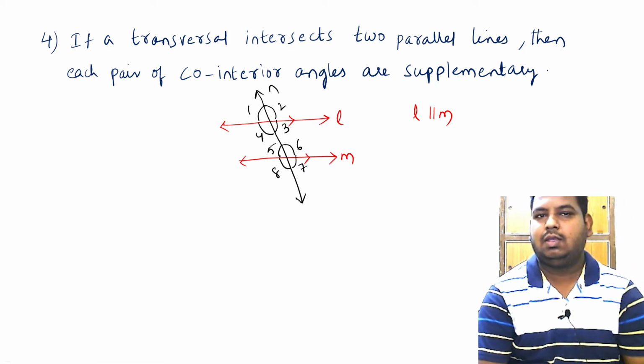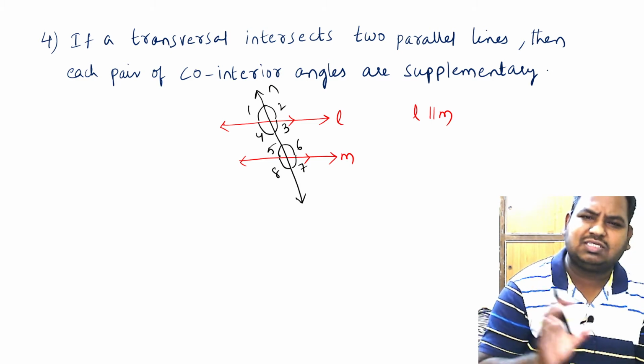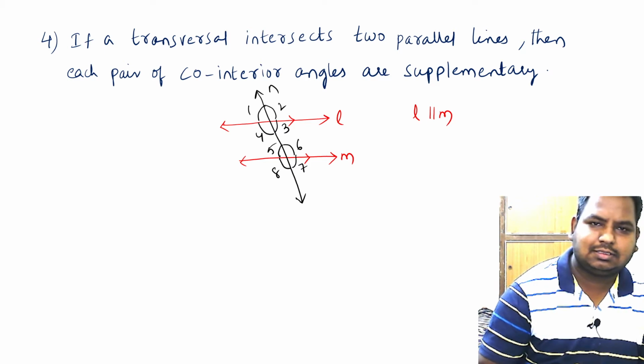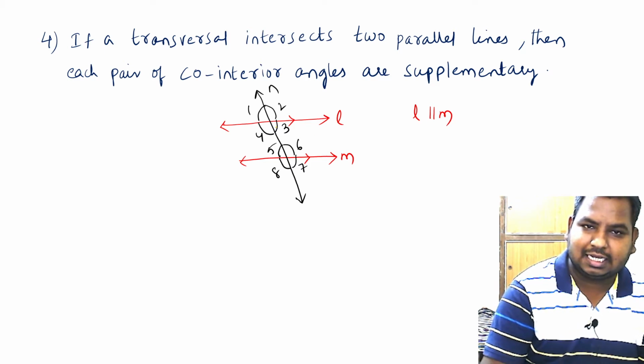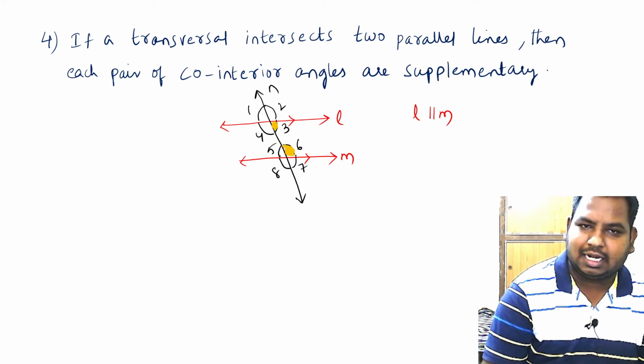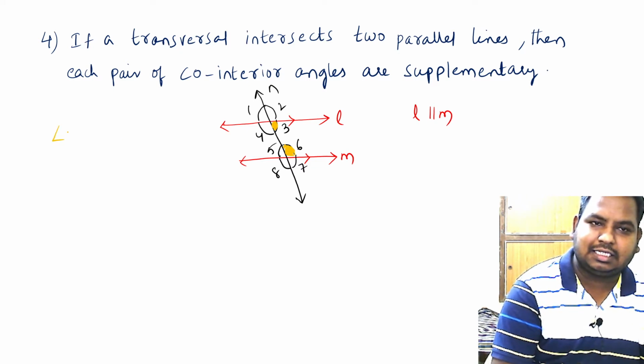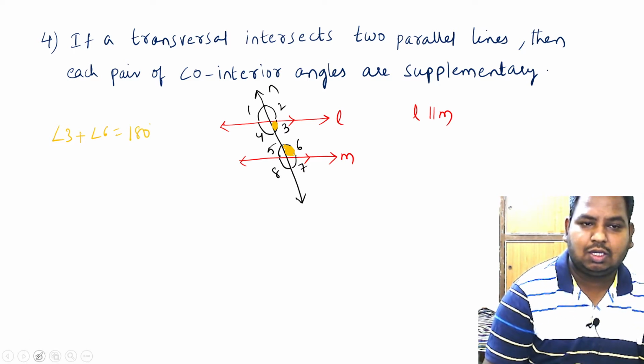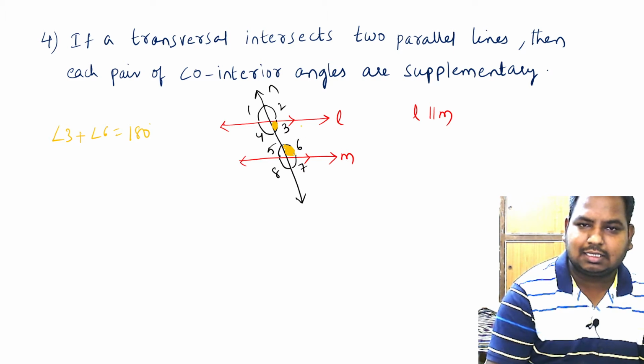Okay. So can I know what is the first pair of co-interior angles? The first pair is angle 3 and angle 6. So here angle 3 plus angle 6 will be equal to 180 degrees. If the lines are parallel, then the co-interior angles are supplementary.